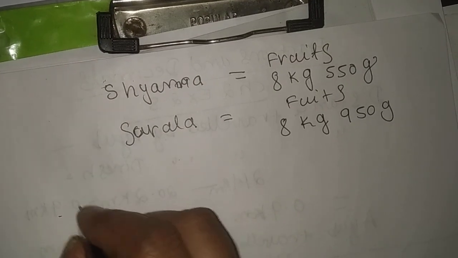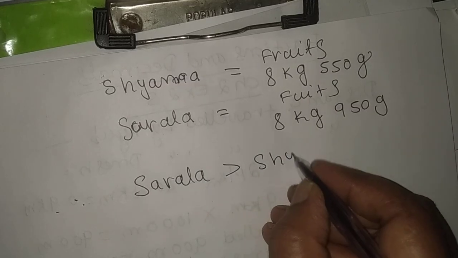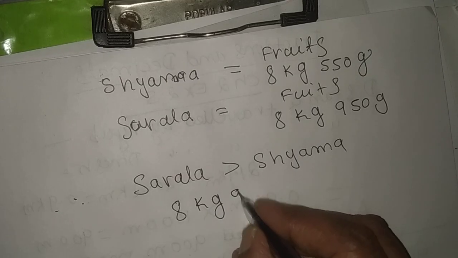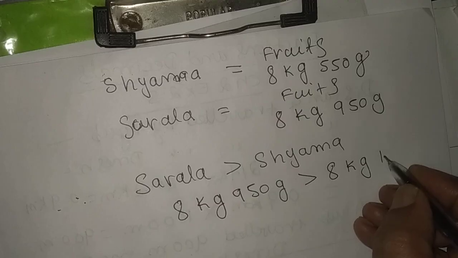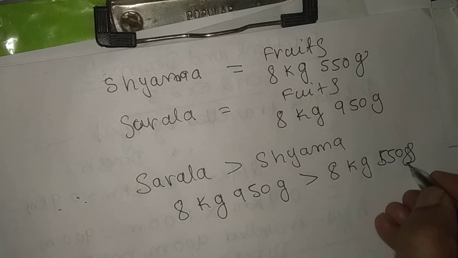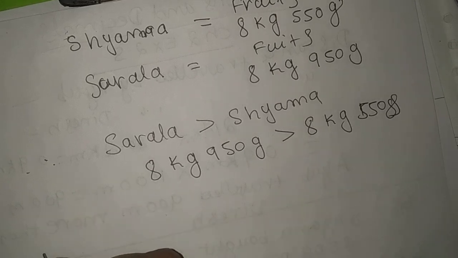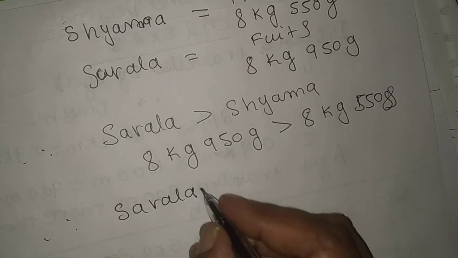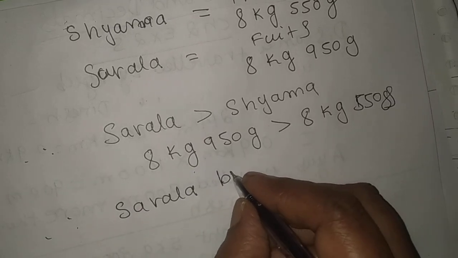Therefore, finally comparing, Sarla is greater than Shama, that is 8 kg 950 grams is more than 8 kg 550 grams. Therefore Sarla bought more fruits.